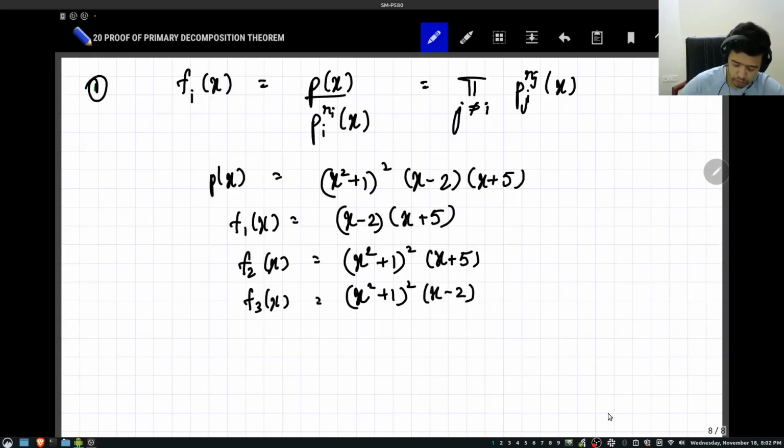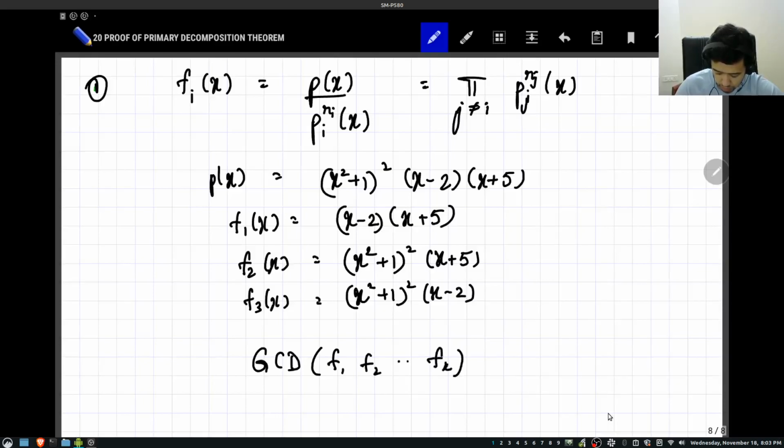So these would be f1, f2 and f3. Now, the way I've defined it, you should be able to easily convince yourself that the fi's have GCD equal to 1. The GCD of f1, f2 up to fk is in fact equal to 1.